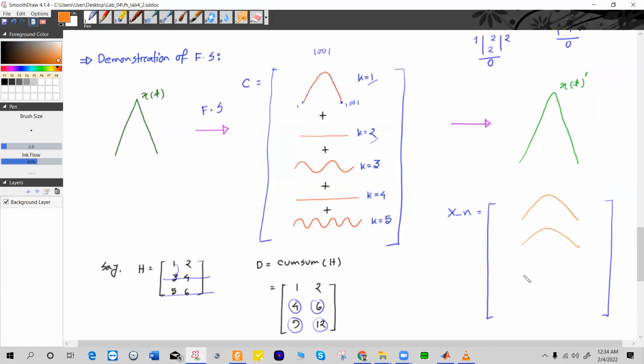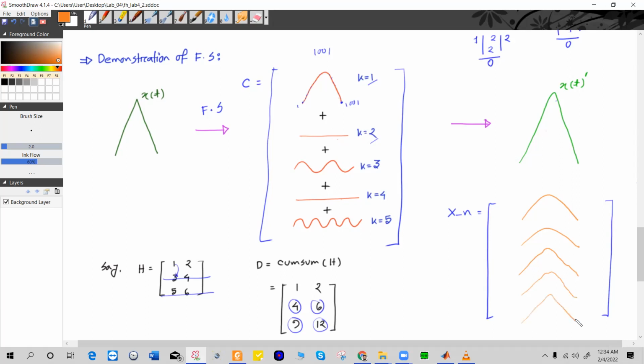So maybe, I don't know, maybe it will be more like this. And then again, this plus this plus this plus this, it will be the same as this, because this is nothing but 0. And then the summation of all of them will be here.